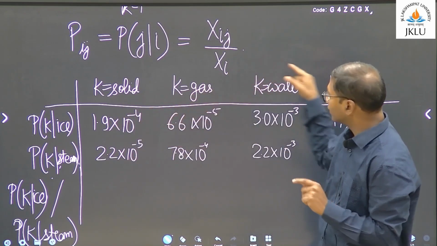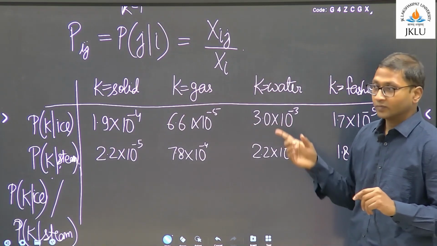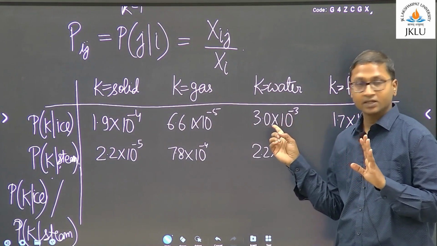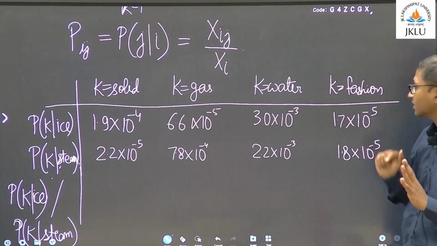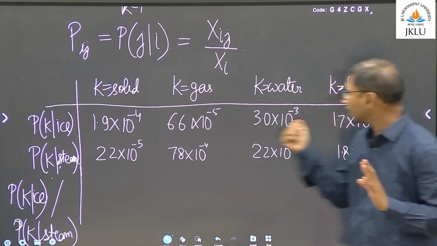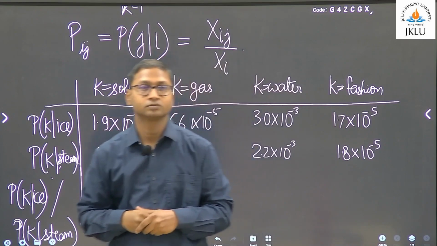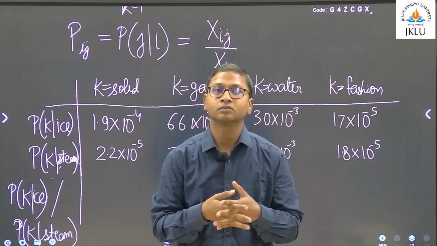What is the probability of water given ice? From this data set we see it is higher. What about probability of fashion given ice? Low. Okay. Now how do I interpret these numbers? Can I make sense of these numbers per se? Not really.